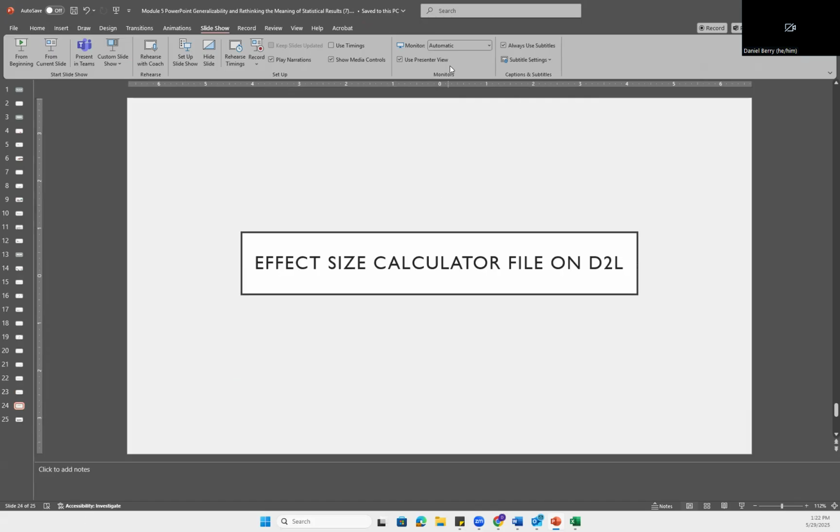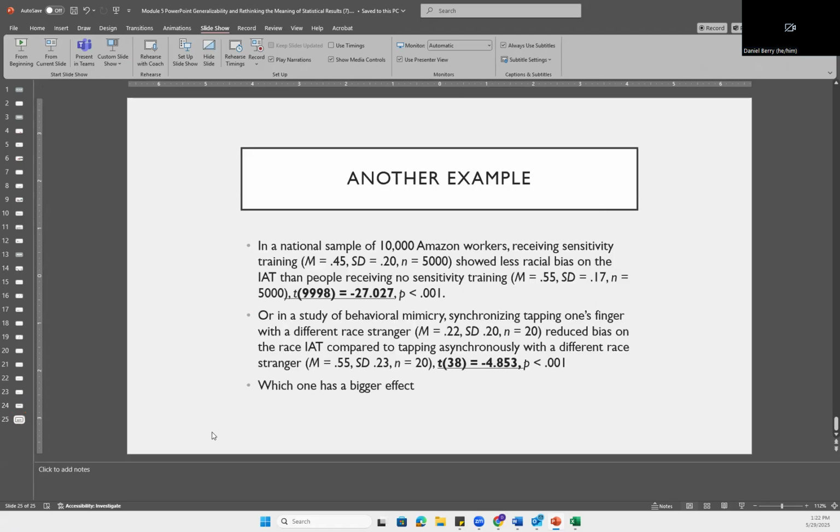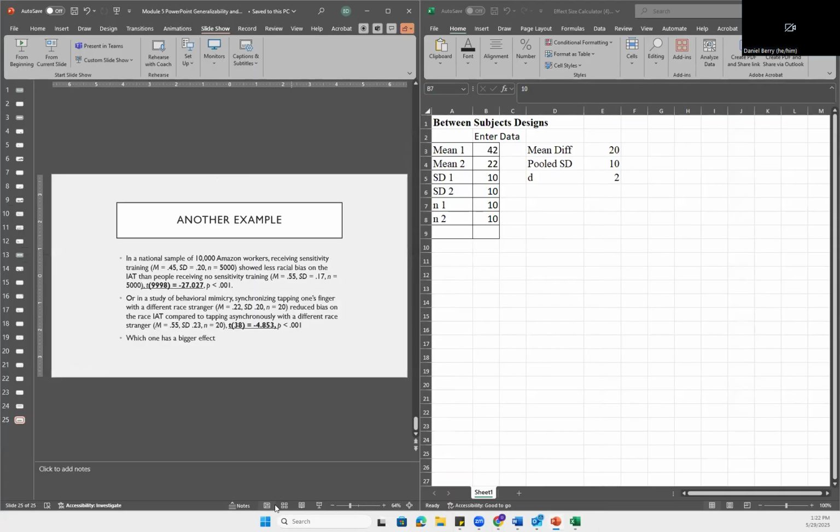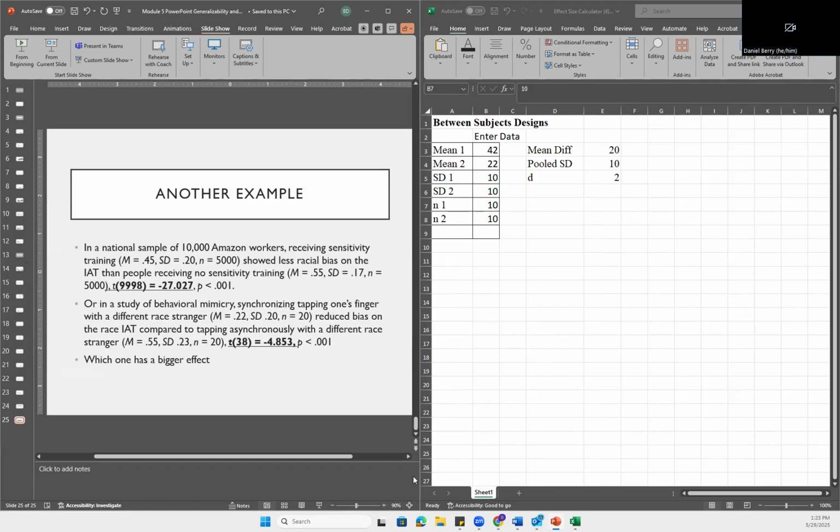All right, let's do one more practice problem, where we compare the results of two studies to each other. Let's say we have a study that has Amazon workers receiving some kind of sensitivity training on the IAT. This is a really big study.